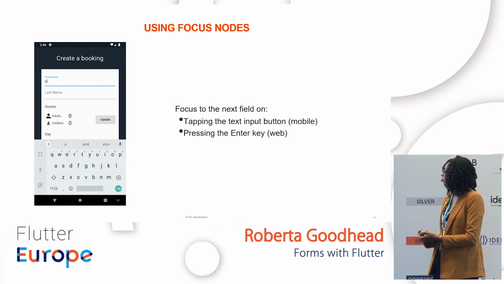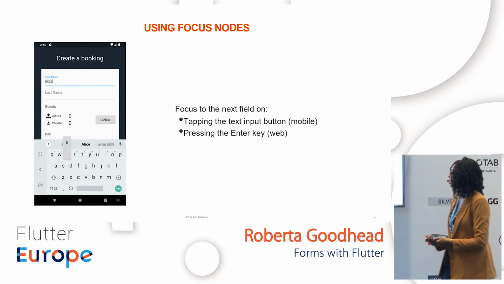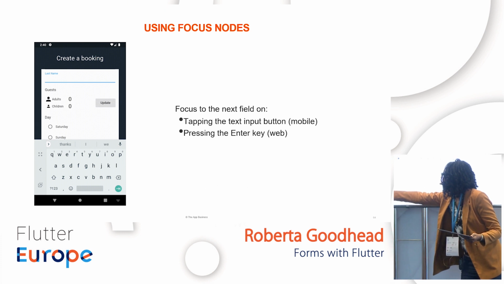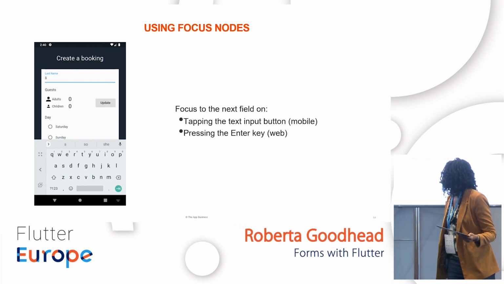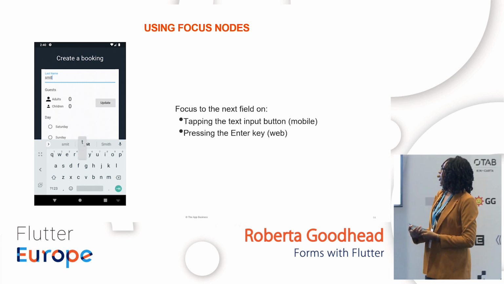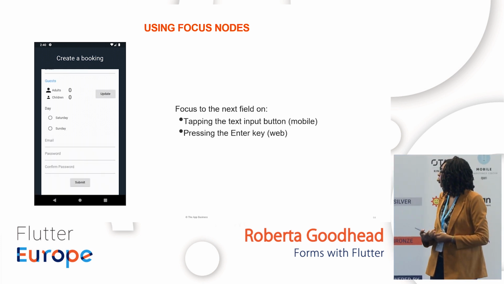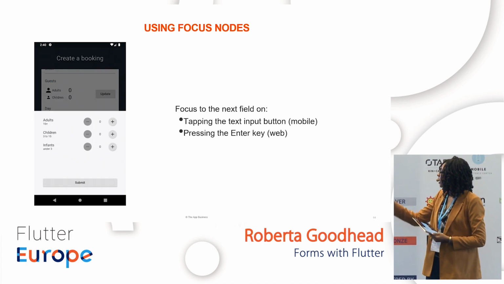So as you can see here, we're just typing in some text. And it's hard to see, but when you tap on the button at the bottom right-hand corner, the focus jumps to the next field.